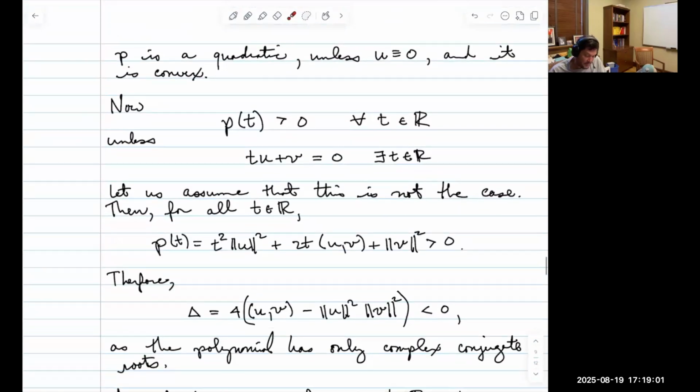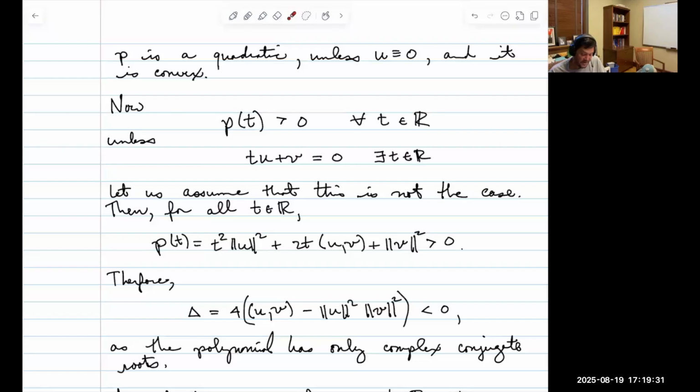Well, let's assume that this isn't true. If that's not the case, then this is strictly greater than 0 as we supposed, and therefore this is just another quadratic equation. What do we know about this quadratic equation? For all t, it sits strictly above the real line. Therefore, it has no real roots, right? It only has complex roots. It's a quadratic equation with no real roots because it's always sitting above the real line.